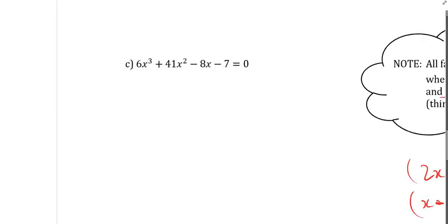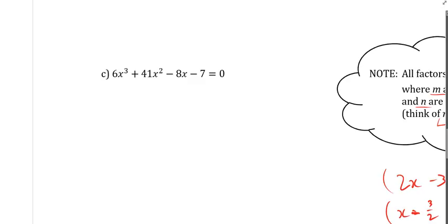So I take this. So what would be the list of possible numbers that I could try? Okay, so here we go. It would be 7, and it would be 1, and then the factors of 6, I'm going to do these over here, are 6, 3, 2, and 1.